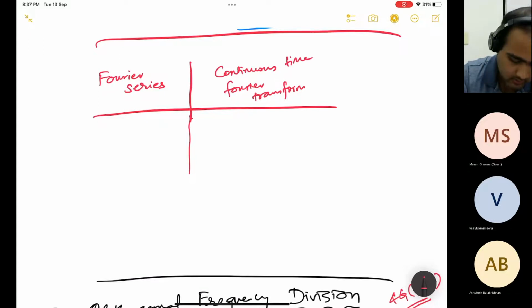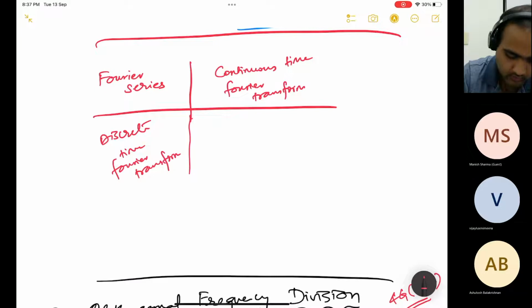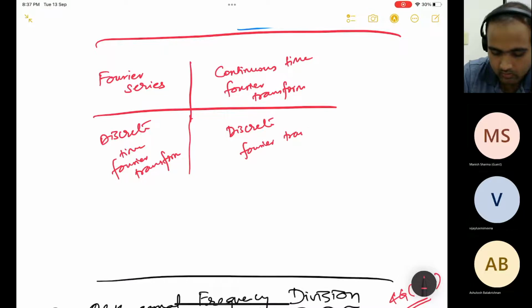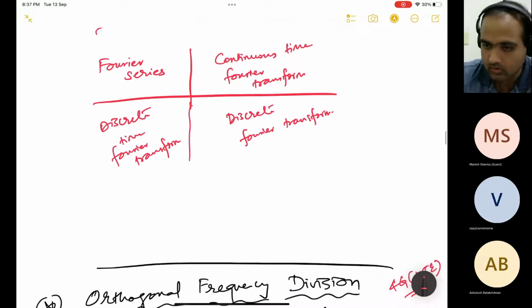Similarly, we have the discrete time Fourier transform. And finally, we have the discrete Fourier transform. So this is the basic signals and systems material, and you should know this.